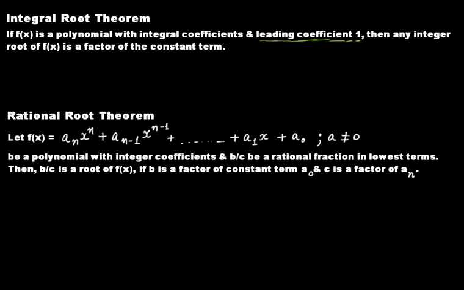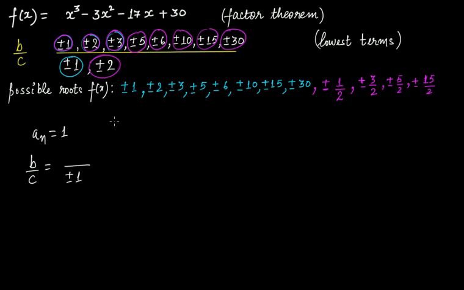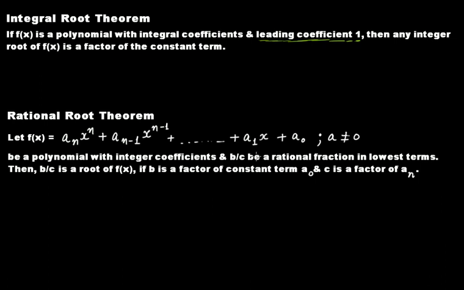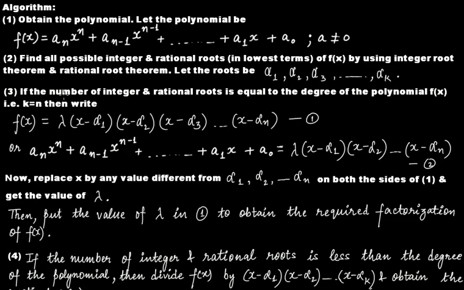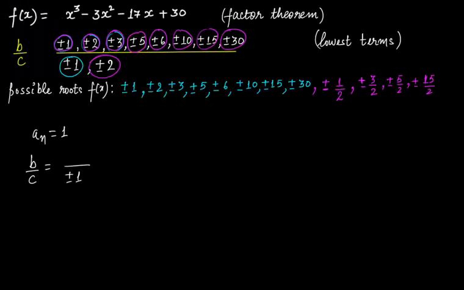What we mean by that is that in that case you will only have these possible integer roots of f(x), and whatever step you will take will be according to this rational root theorem only, that is, these algorithms. The only difference is that your an is equal to 1, then it's time to think of integral root theorem, but the algorithm is going to be the same. Okay, this thing is clear. Now let's write 2 here.